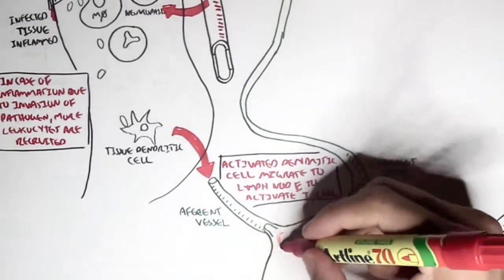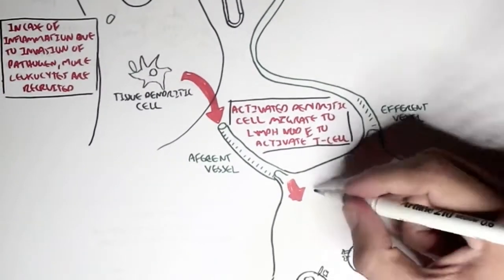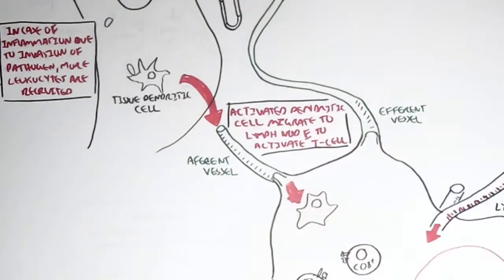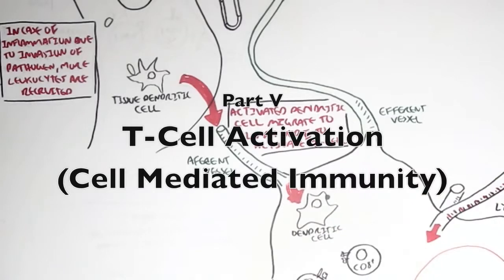And that is essentially where we left off in the previous video. In this video, we're going to see how the dendritic cell brings the antigen into the lymph node and activates naive T cells. It activates the naive T cells to become either T helper cells, T killer cells, or even T memory cells. And so this video will concentrate on the T cell activation.